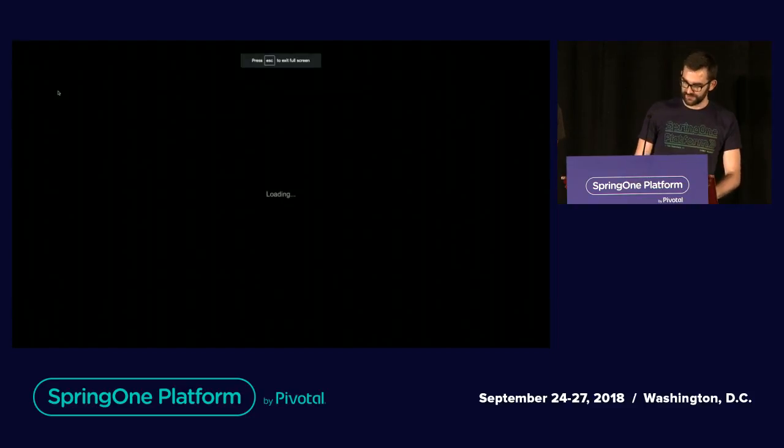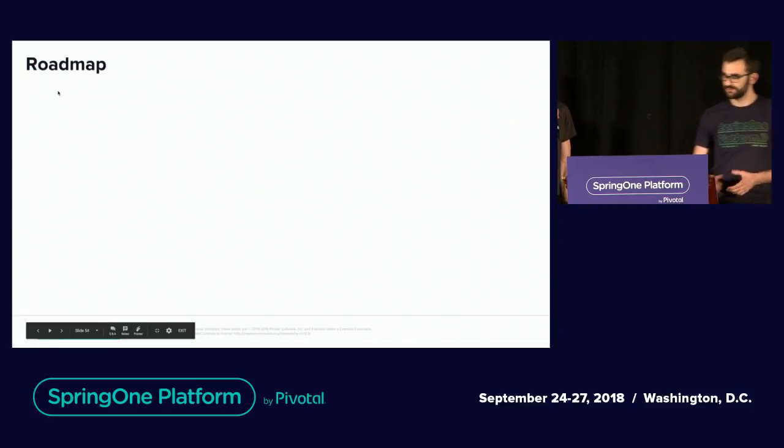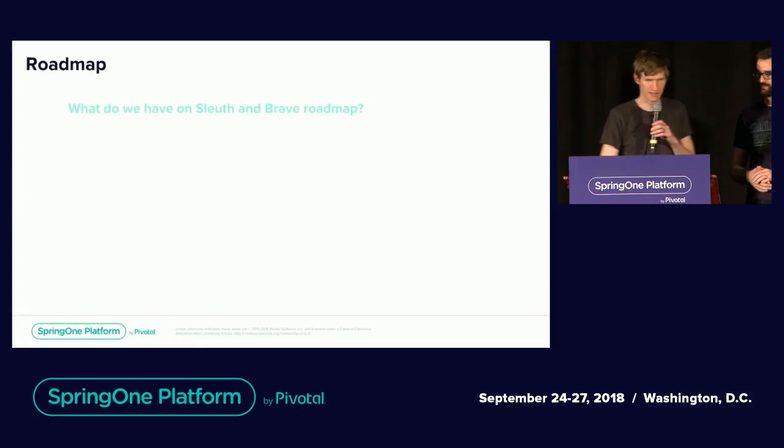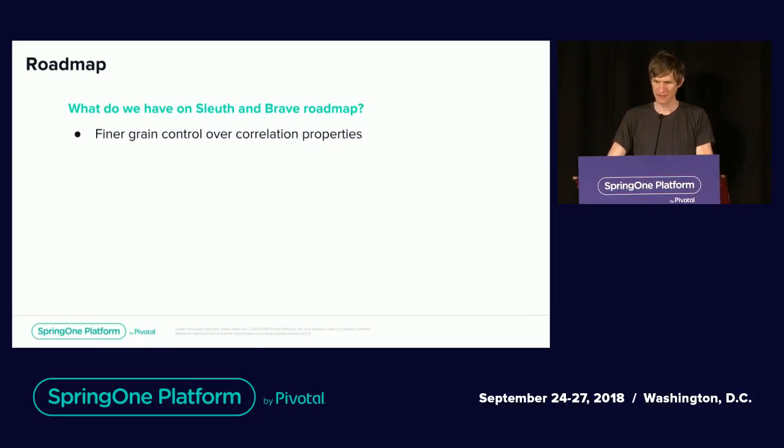let's sum it up, I guess. So what's on the roadmap? So, let's see, did I put anything on here? So, let me use this instead. One of the things that's in extremely high demand from folks is that they want Sleuth, Brave, or somebody to take control over correlation in general.